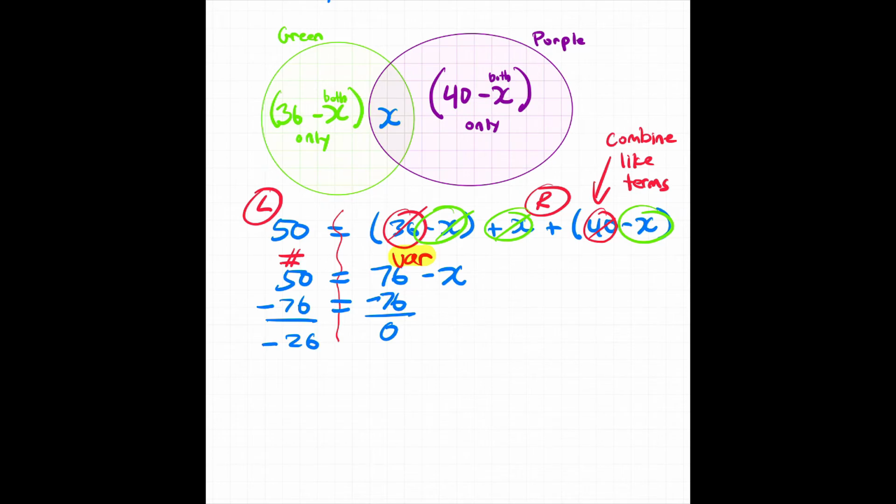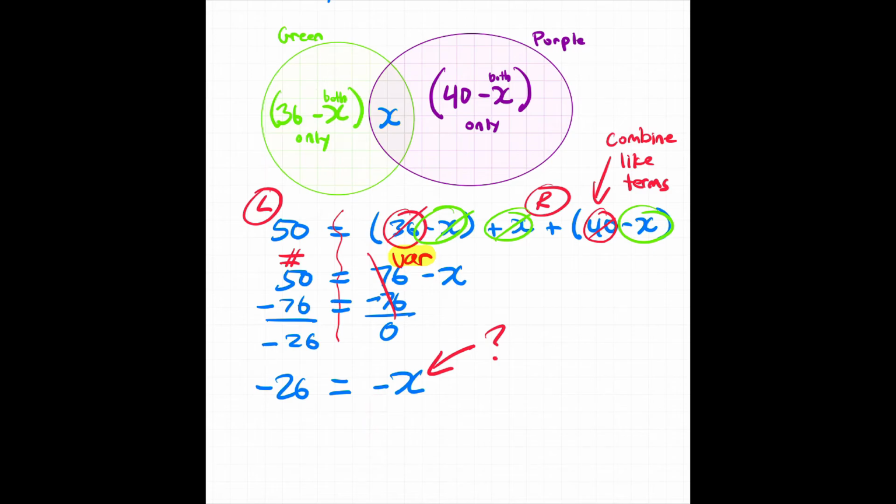So let's just rewrite this again to see what we have. On the left, we've got negative 26. And on the right, these 76's canceled each other, so all I have is a negative x. Whenever you see this, a negative x, we're trying to figure out what is the value of x. We're not trying to find out what is the value of a negative x.